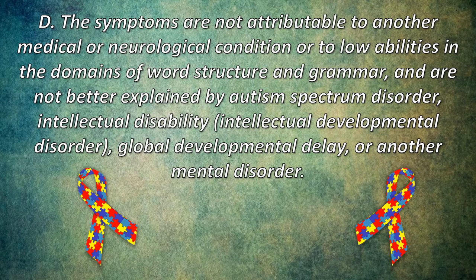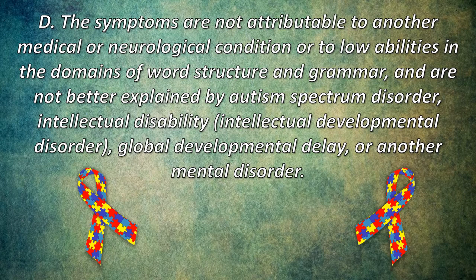But what D states is: the symptoms are not attributable to another medical or neurological condition or to low abilities in the domains of word structure and grammar, and are not better explained by autism spectrum disorder, intellectual developmental disorder, global developmental delay, or another mental disorder. It's very specific.